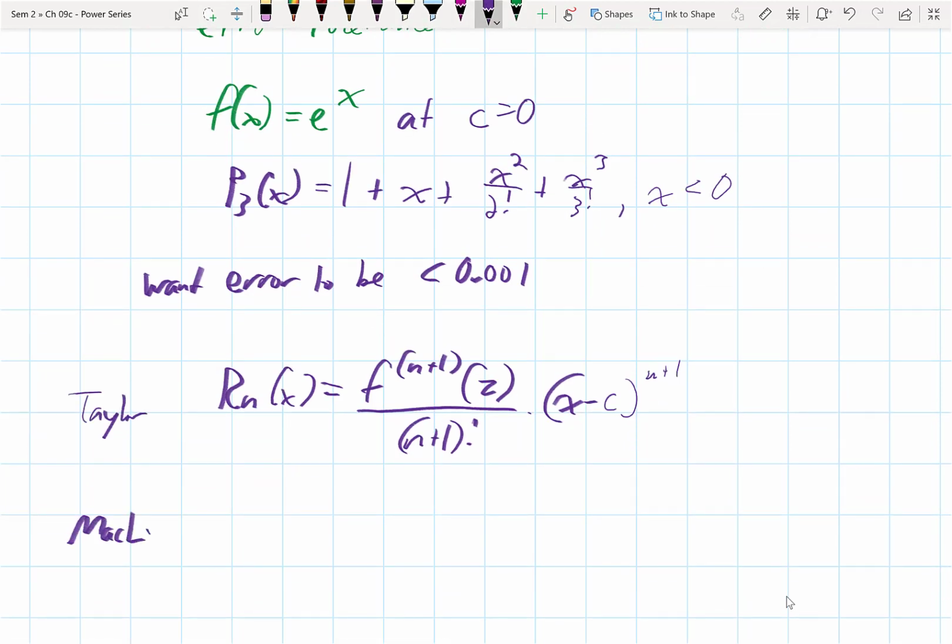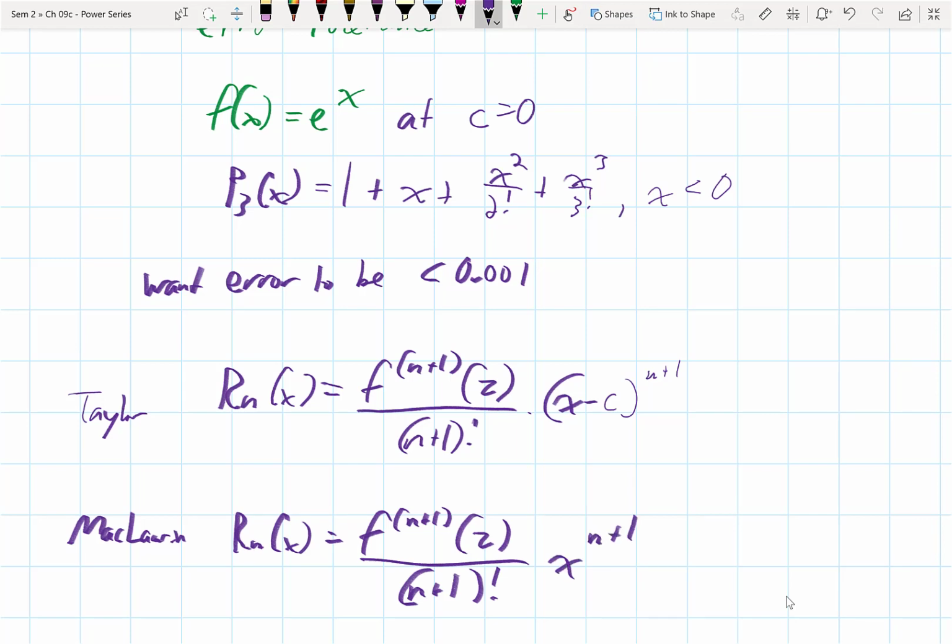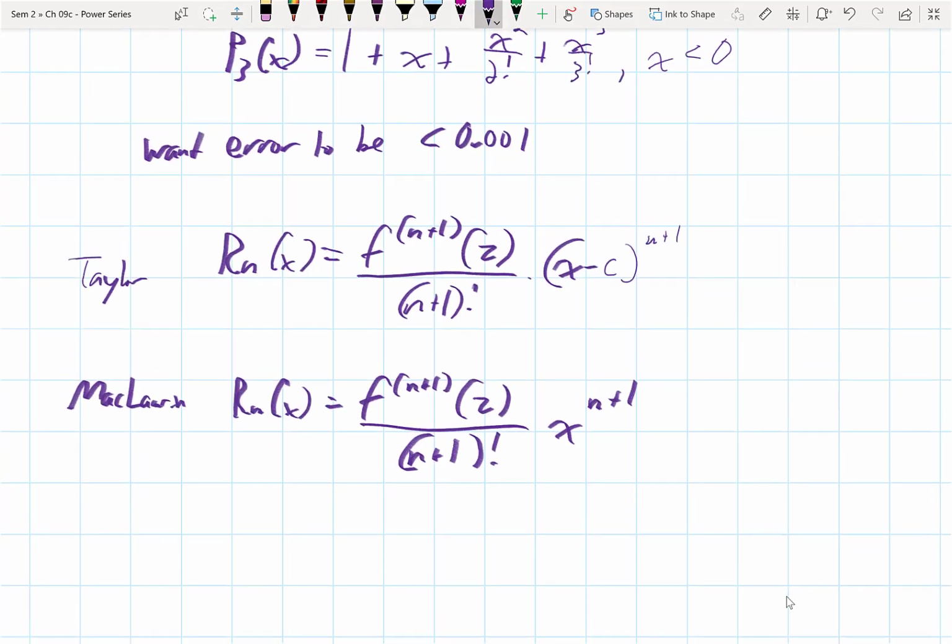For Maclaurin, we can simply replace the c value with 0, and we can talk about some z value in between x and 0. So this is just x to the n plus 1. That means z is in between x and 0, and up here, z is in between x and c, for whatever c value we have.